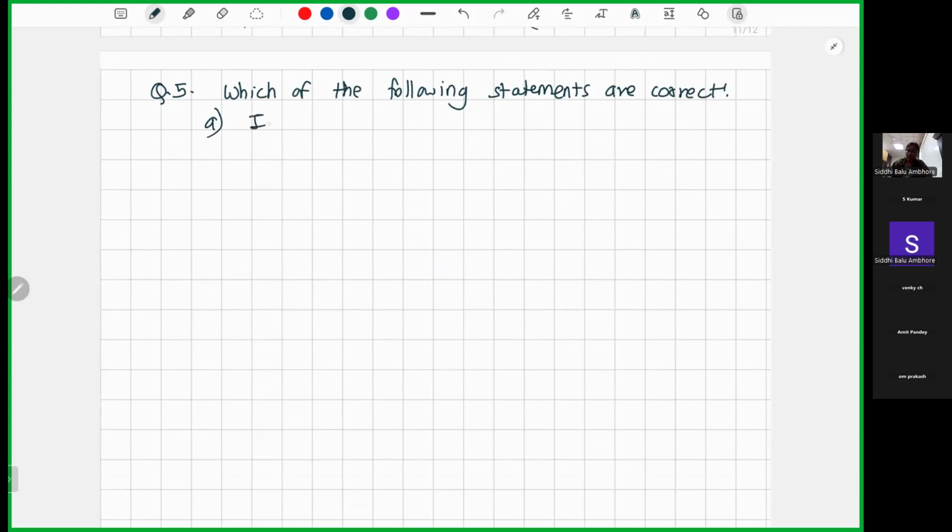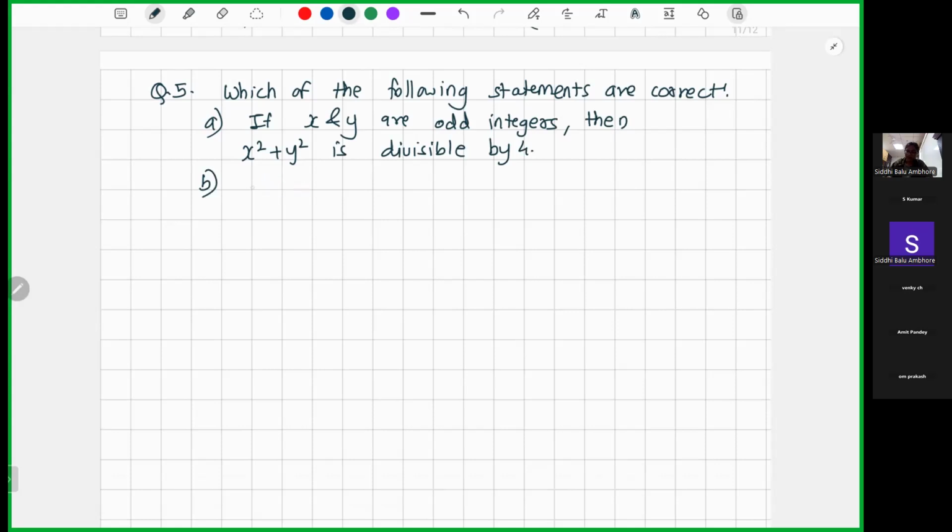First one is that if x and y are odd integers, then x square plus y square is divisible by 4.